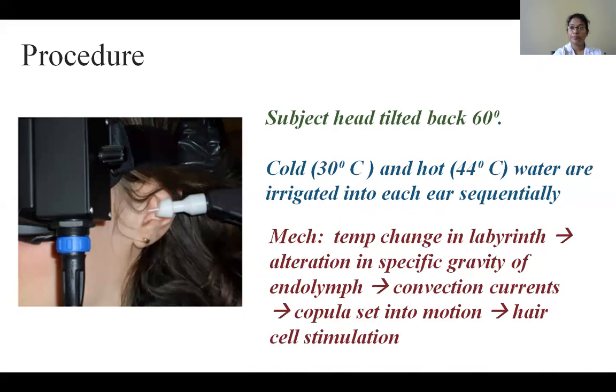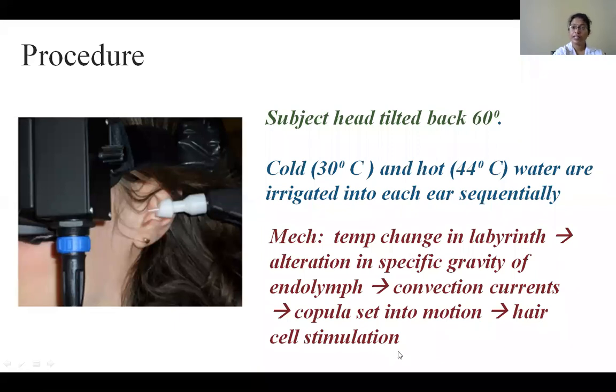So what is the principle behind it? Whenever there is a temperature change in the labyrinth, the specific gravity of the endolymph gets altered, which will set convection currents in the endolymph. Because of this the cupula is set into motion and the hair cells get stimulated.